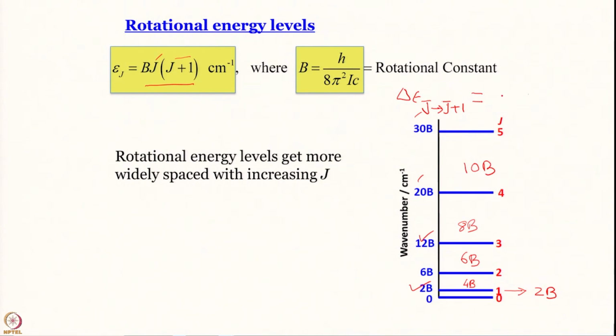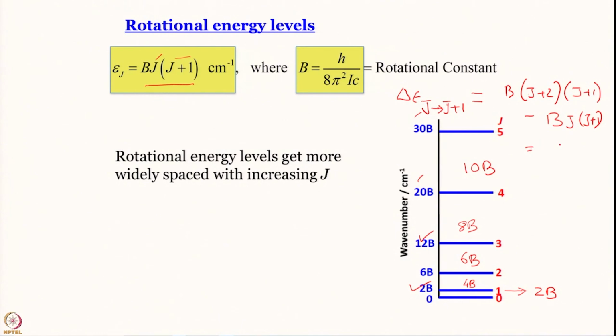You can work it out, b into, instead of j I will write j plus 2, 1. So, j plus 1 becomes j plus 2 and j becomes j plus 1, minus b j into j plus 1.